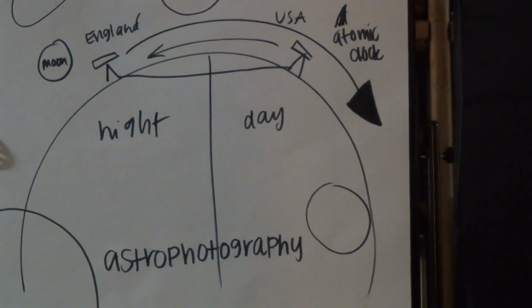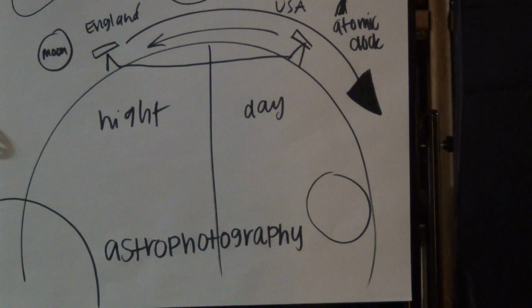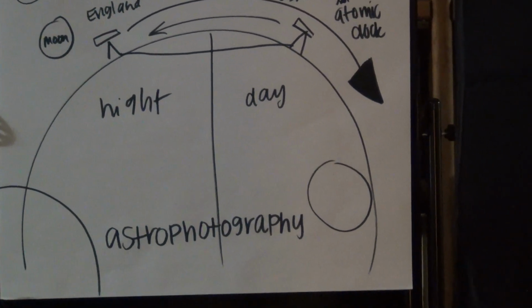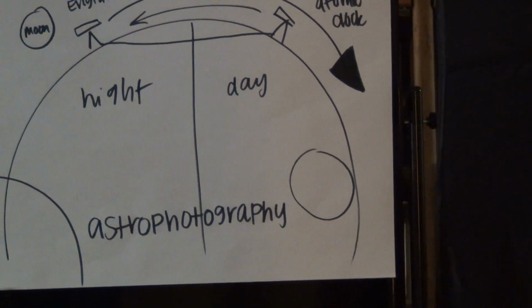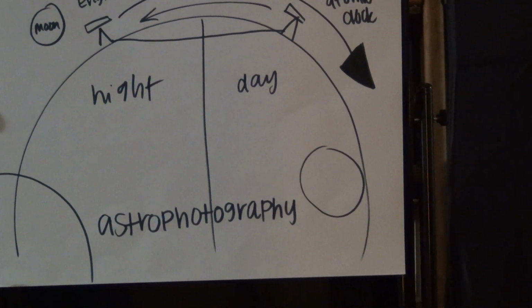So it's a combination of one, photography, and two, astronomy. Okay? And so far, this is our goal for Eclipse number 2.